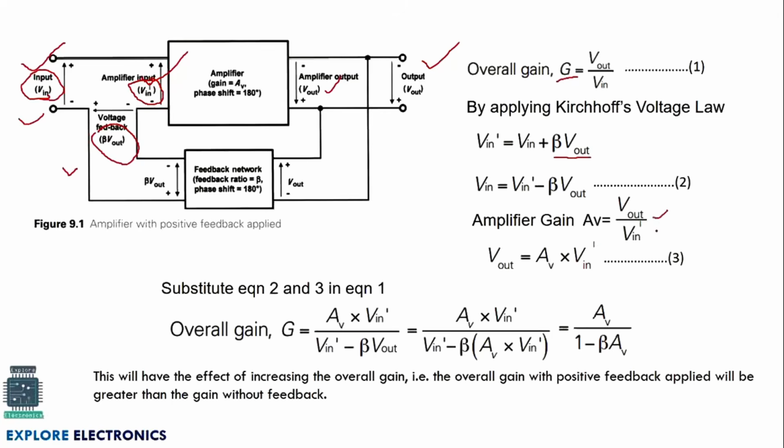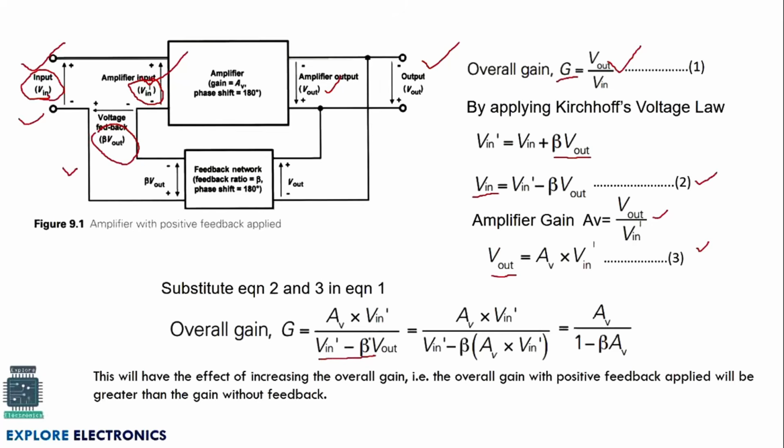Now we have the expressions for V in as well as V out, so we can take the overall gain G using equation 2 and equation 3. If we substitute, G becomes AV into V in dash, this is for V out, over V in dash minus beta into V out for V in.